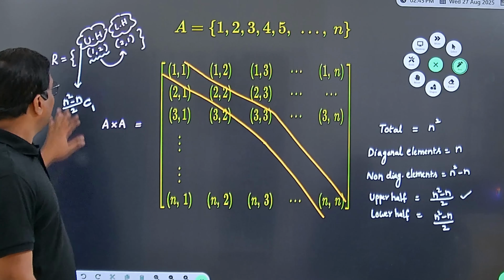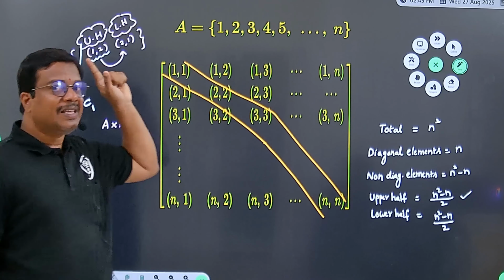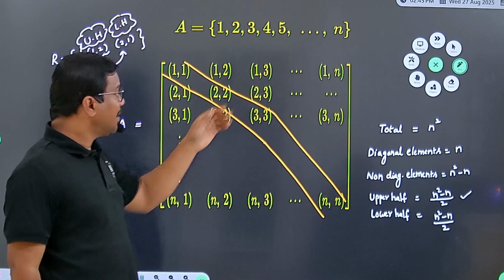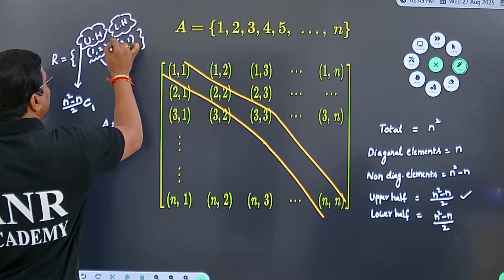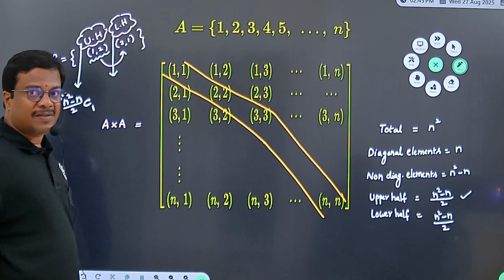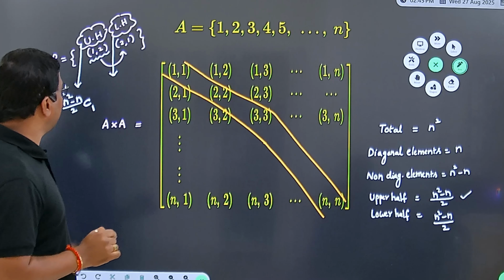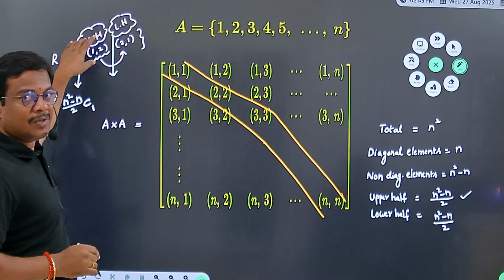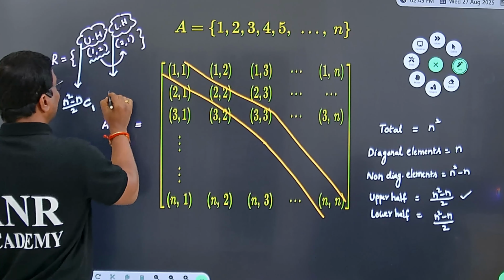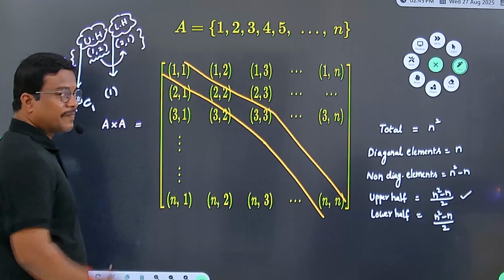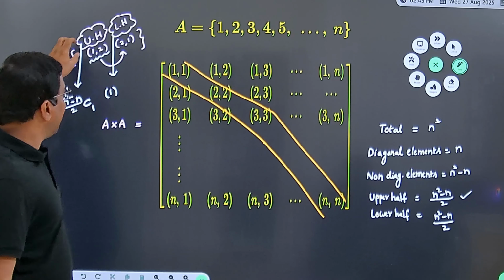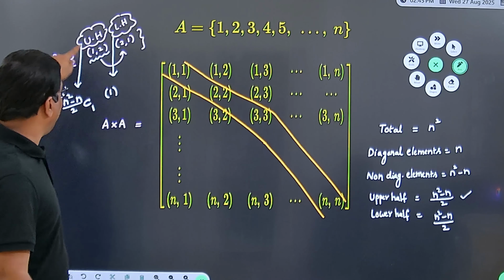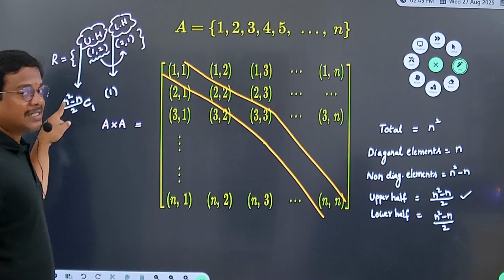If you select one entry from the upper half, then what are the possibilities to select from the lower half? Only one entry. If you select 1, 2, then 2, 1, only one chance. But selecting one pair from the upper half has many chances.